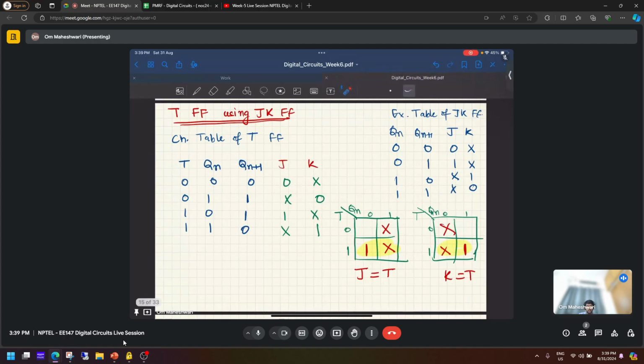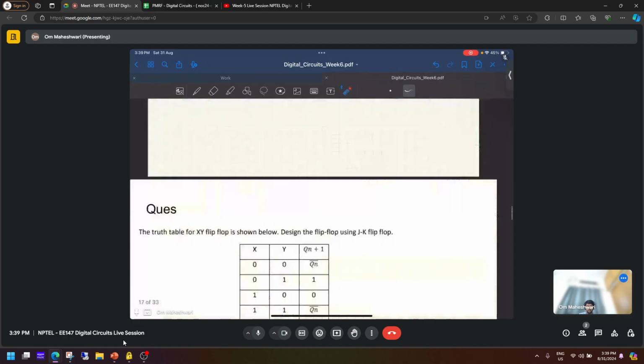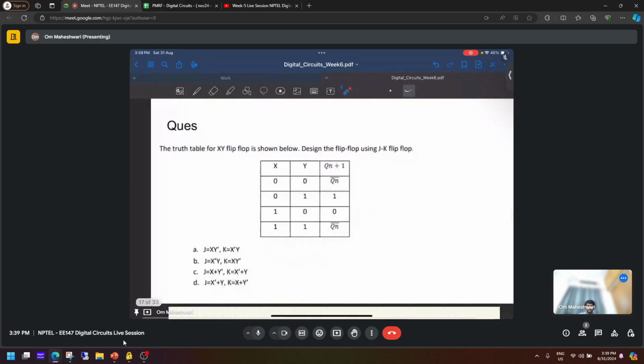So next, look at the next question. The truth table of an XY flip-flop is shown below. Design the flip-flop using a JK flip-flop. So we have to make an XY flip-flop using a JK flip-flop.